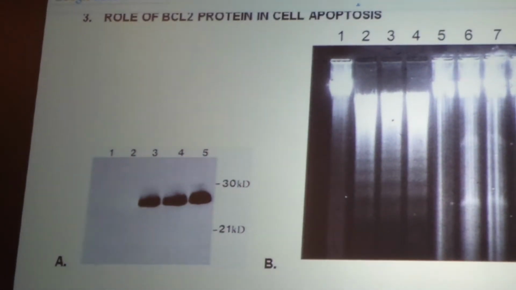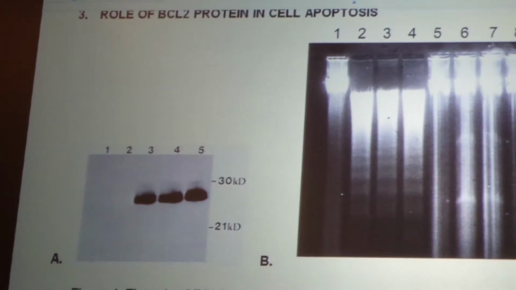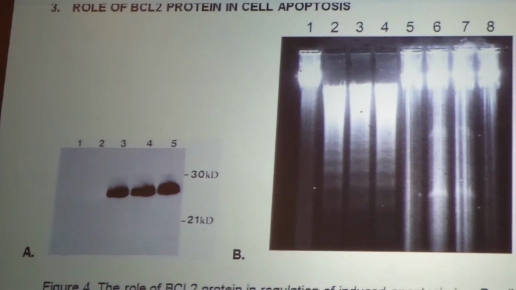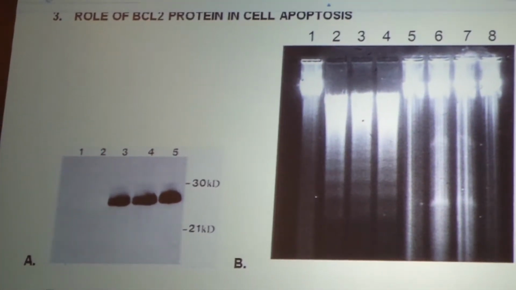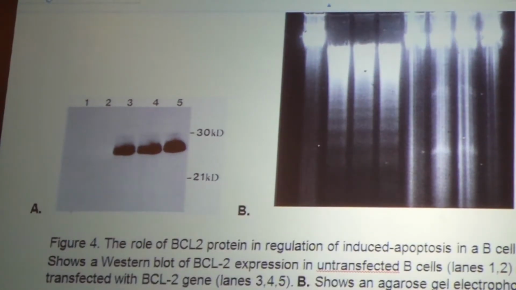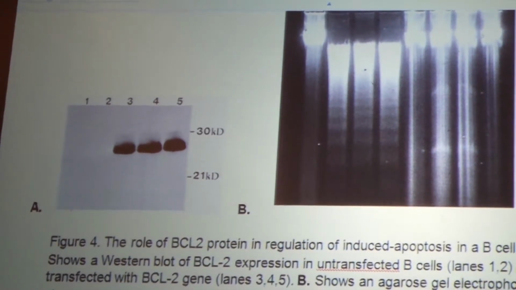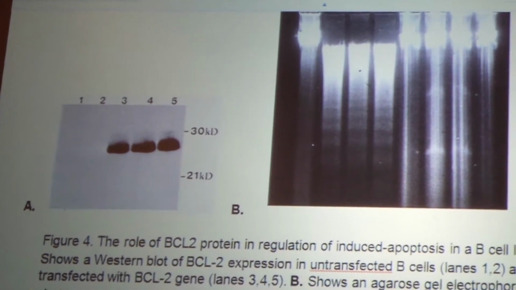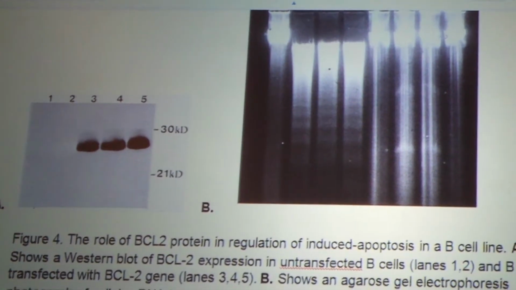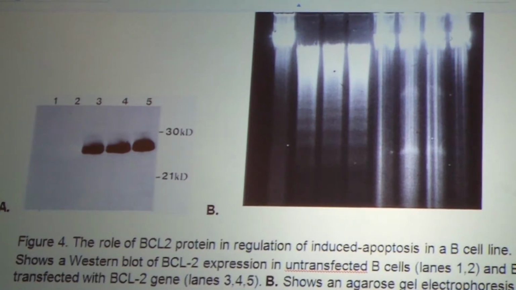Okay, so again, the picture isn't particularly good here, but there's basically two pictures here. There's an A and B, and there's quite a long description of what's going on. So we'll read it, and then we'll see. This is, I suppose, the second most difficult, or perhaps the most difficult one I've given you. I don't think it's that difficult. So it says the role of BCL2 protein in regulation of induced apoptosis in a B cell line.